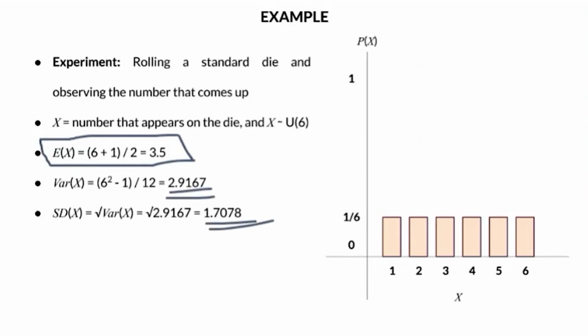Standard deviation is 1.7. Again, I'm not going too deep beyond the meaning of what we discussed a while ago, which was expected value being the long-term result, variance being how these results look for different instances of the experiment. This is what we learned in the second part, right? There is more to these things called variance and standard deviation. Those points we will pick up in the continuous distribution session.